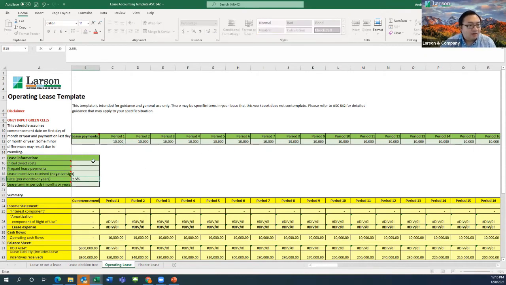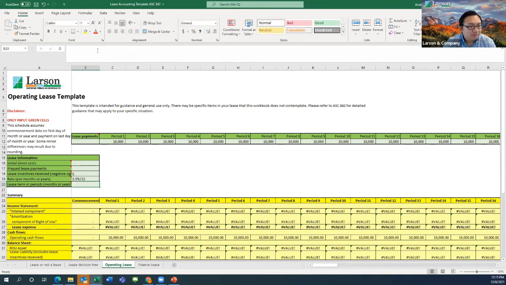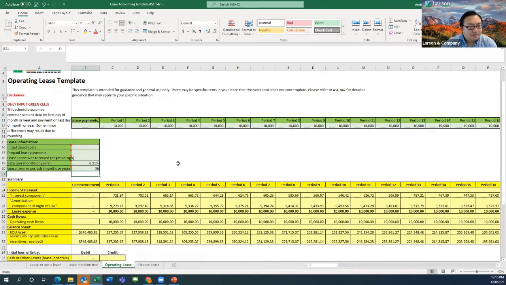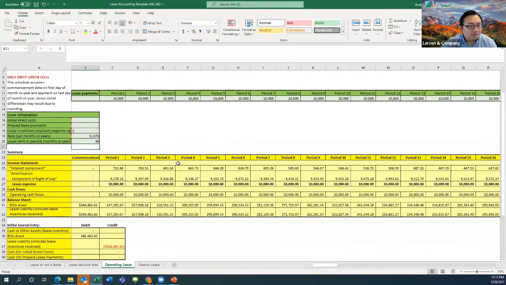Now we've got to do it. The rate has to be similar to how we interpreted the periods above, which we're interpreting as monthly. So we're going to divide that 2.5% by 12 here. And then the lease term is going to be 36 months, right? So what this does is it calculates our right of use assets.